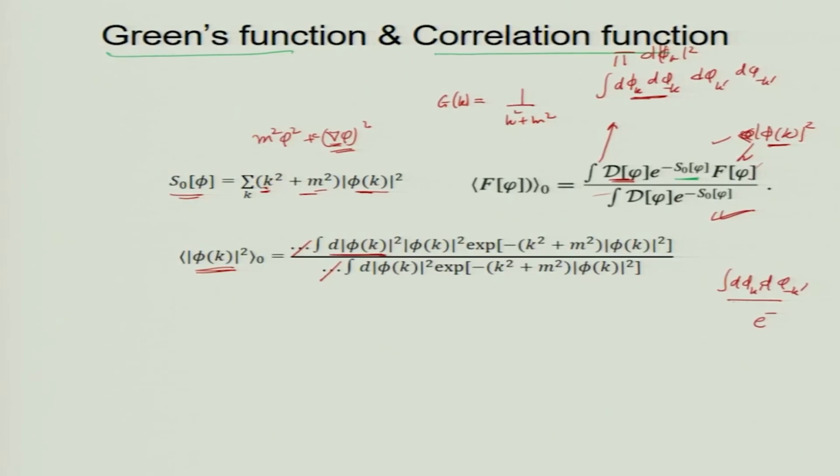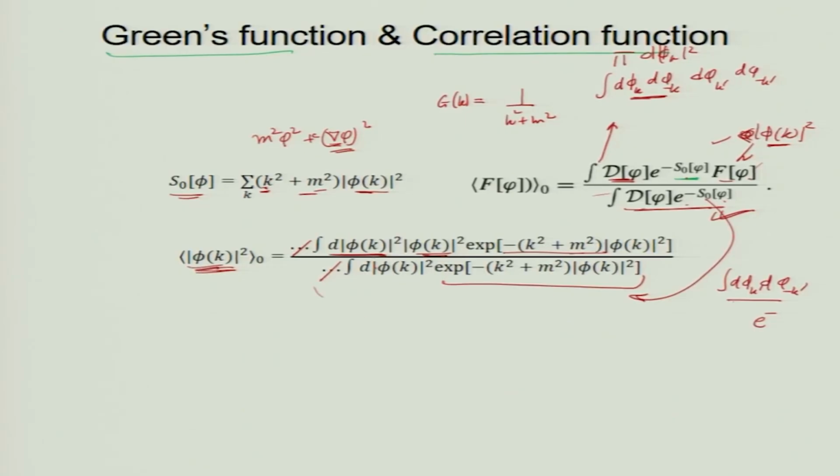The k prime variables are all independent variables, and they come out, and they will be on top and bottom. Phi is not there for k primes. So, they will cancel, and we are left with this. On top will be phi k squared times the exponential coming from this S naught term, and the bottom will be without this phi k squared, with e to the power minus S naught of phi, which is this exponential part sitting here. Okay, this is what it is.